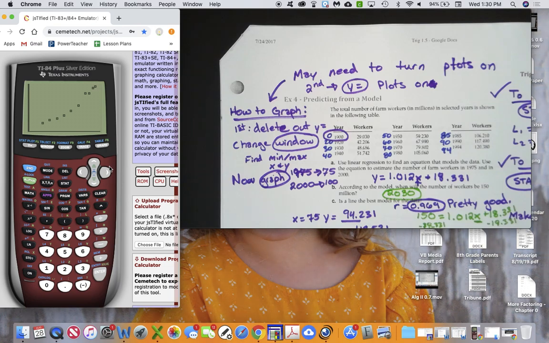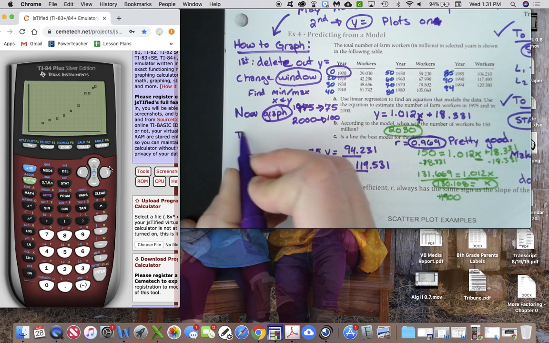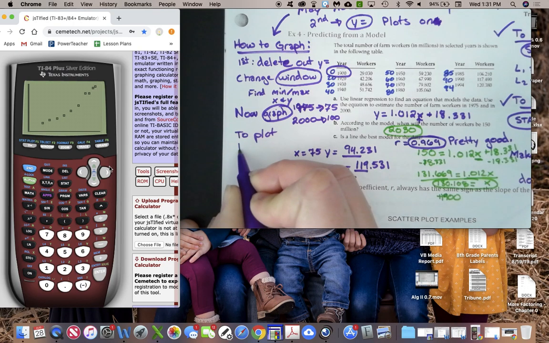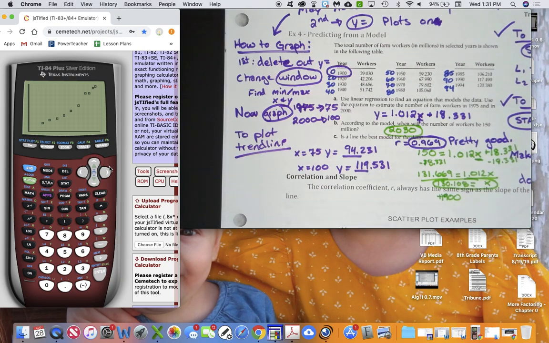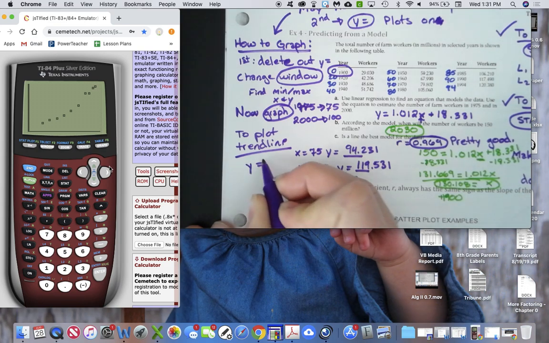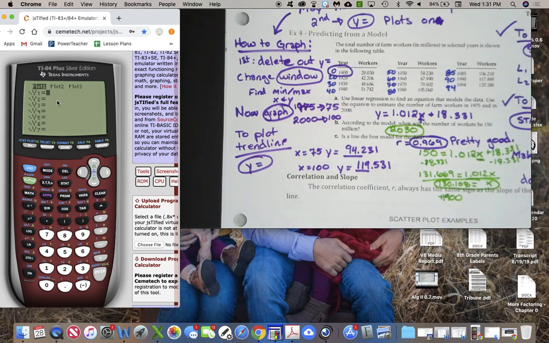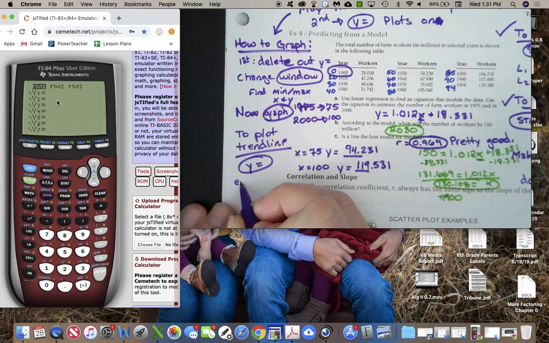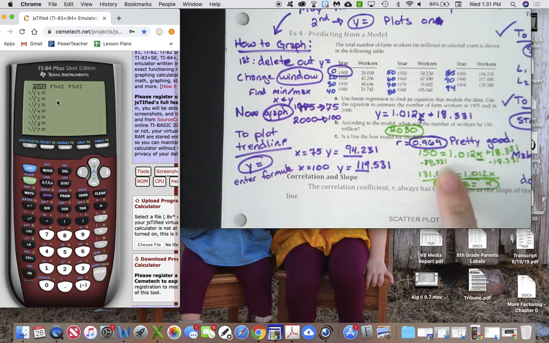Now, how do I plot that line over top of it? Do you remember? How do I plot my trend line? I'm going to do that down here. To plot trend line, I'm graphing. I hit my Y equals button. Y equals is here. And I'm going to enter the formula that we had, which is this guy right here.